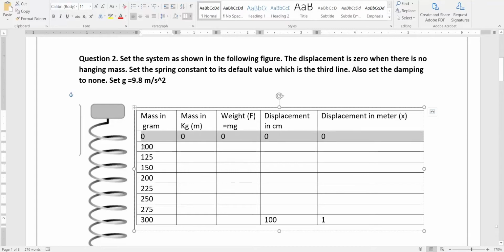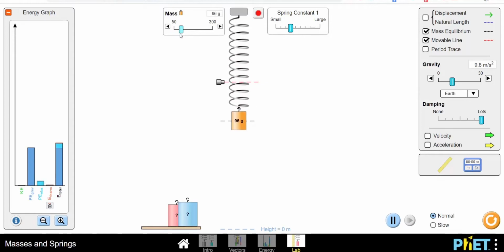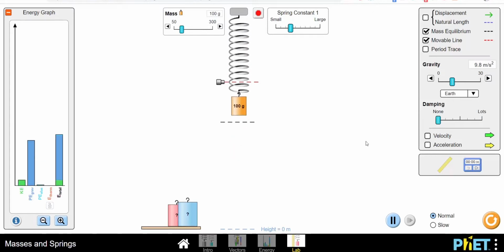Now let me show you with the 100 gram mass. Here I'm hanging a 100 gram mass, and you can change the value to 100 gram mass. Now what does the damping mean here? If there's no damping, then it will keep oscillating.